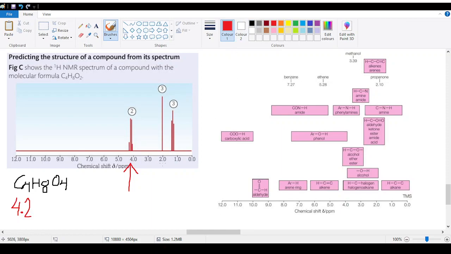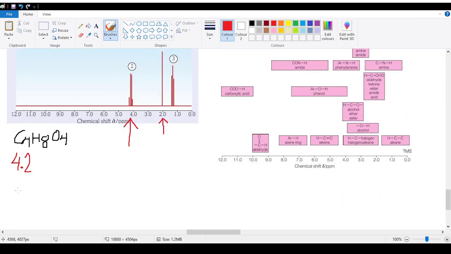And then we have another one here, which is at like 2.1. And we have another one here, which is at around 1.4, 1.5. Do we agree so far? Yes, sir.